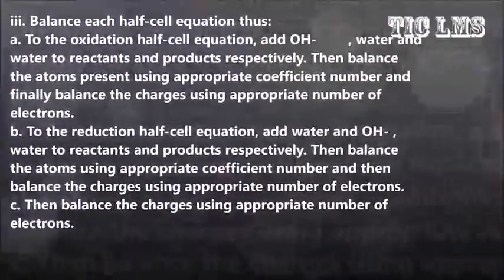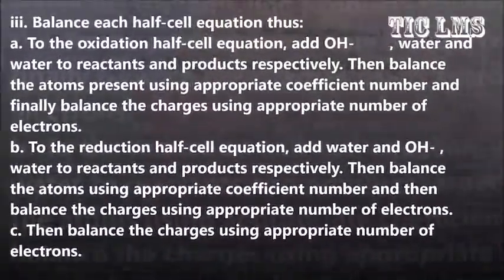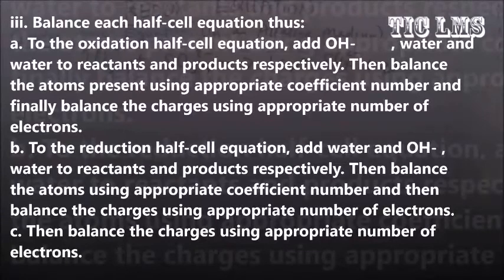Thus, number 1, to the oxidation half-cell equation, add OH minus to the reactant side, and then you add H2O to the product side. Then you balance the atoms present using appropriate coefficient numbers, and finally balance the charges using an appropriate number of electrons.